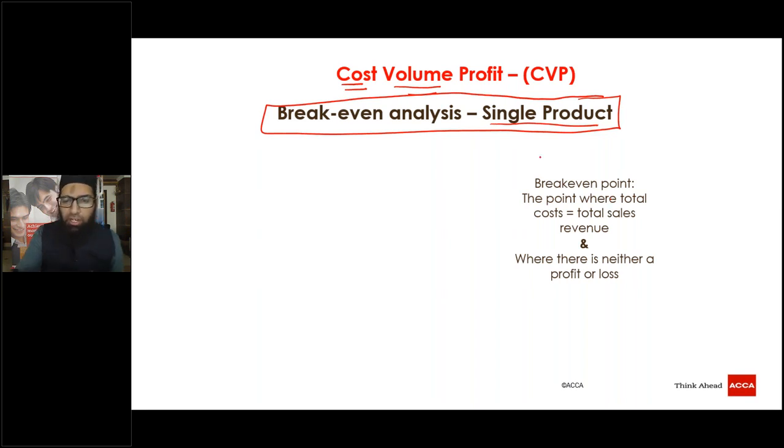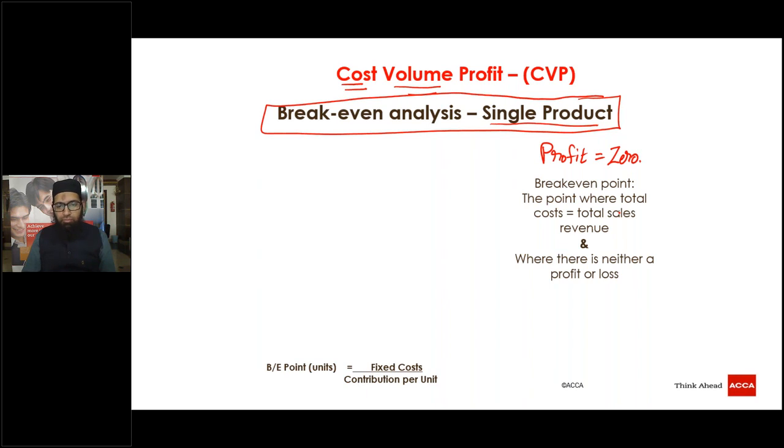So break-even point is a situation where profit is equal to 0. Now, if you want to calculate the break-even point in units, the formula is fixed cost divided by the contribution per unit. This will give me the break-even point in units.